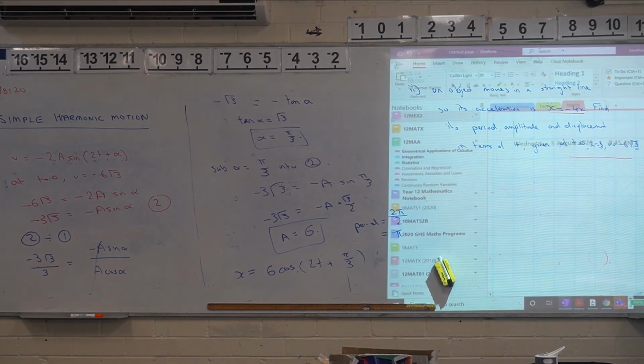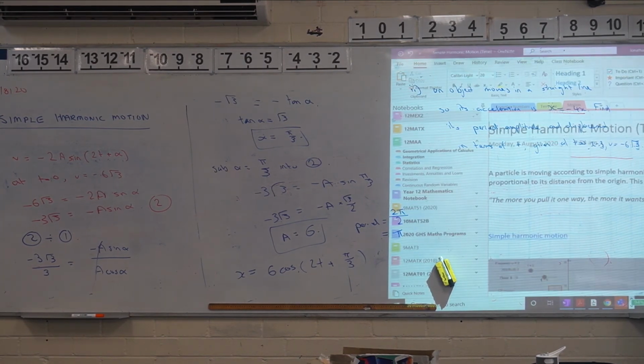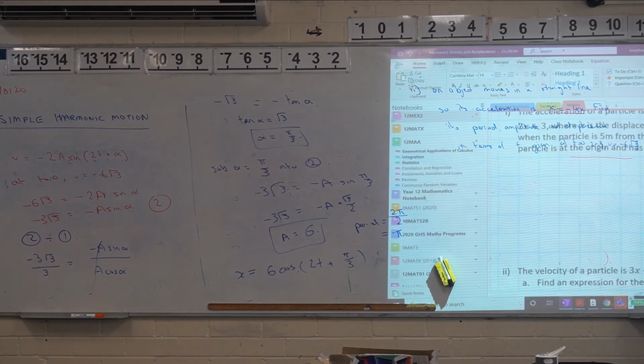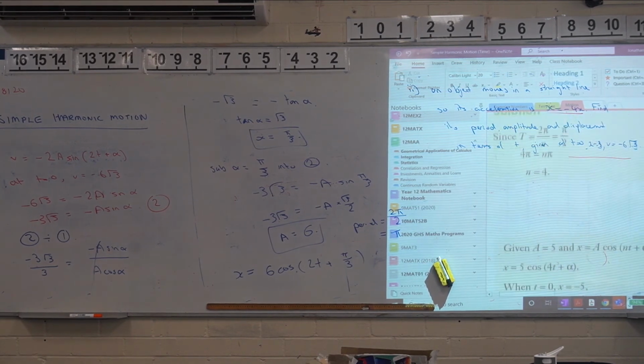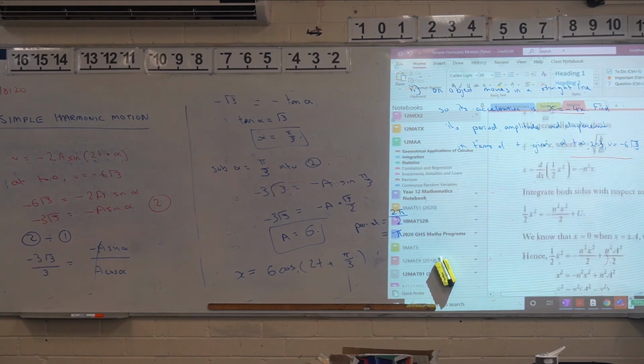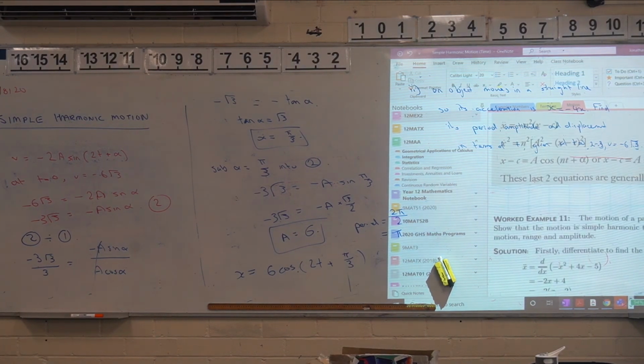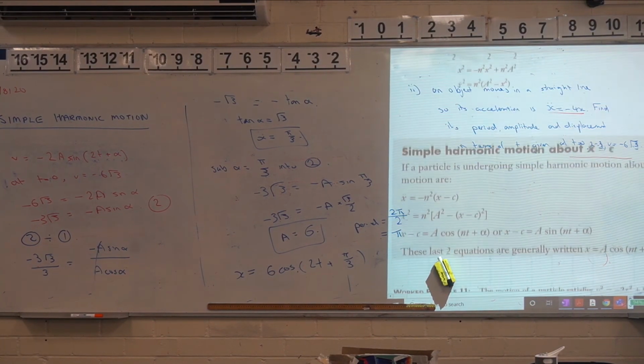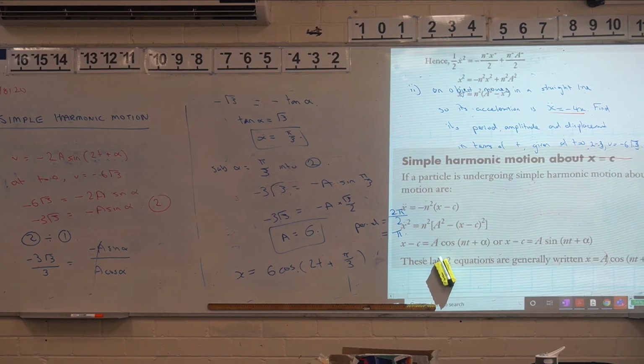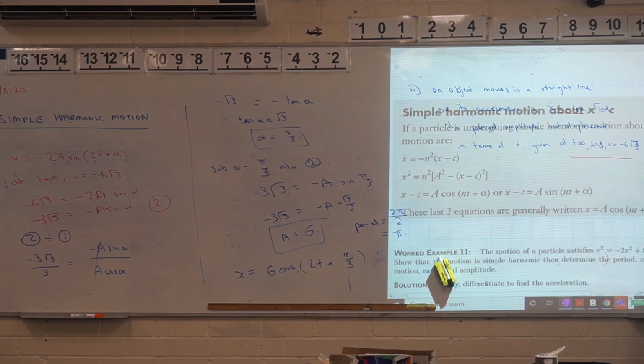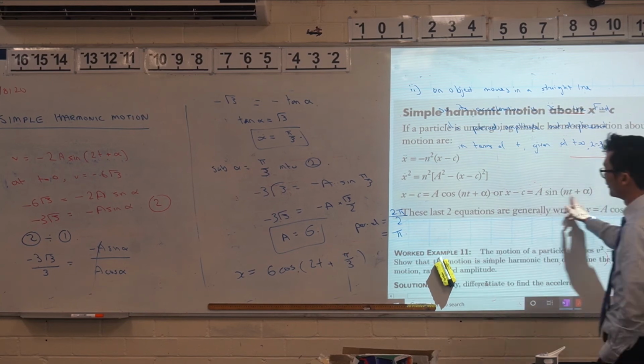Like a plus c on the end, so it's not about x equals 0. These are the properties here, which you can note down, but I actually need you to prove why that works. You do it in the same way about the origin that we just did, but that proof I'll leave for you to do.